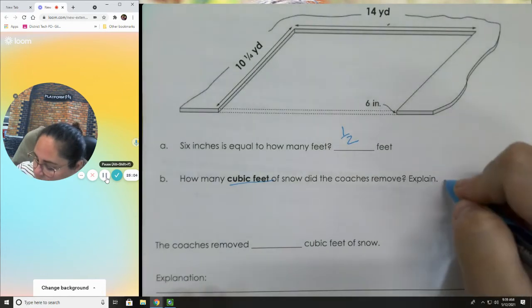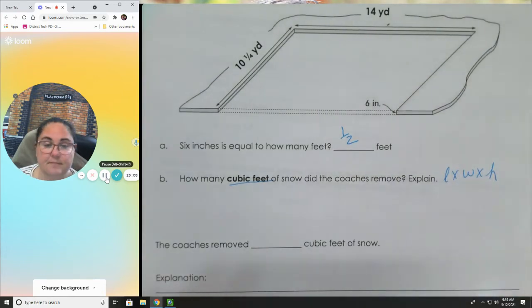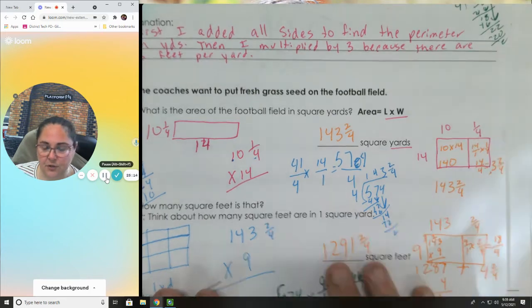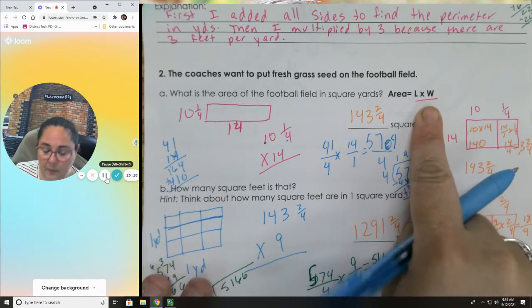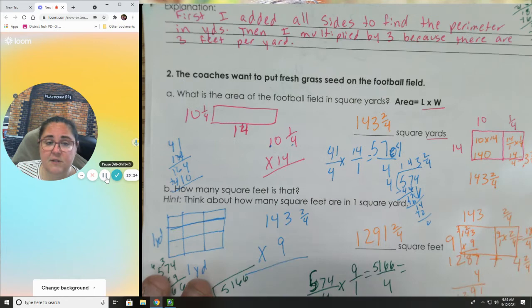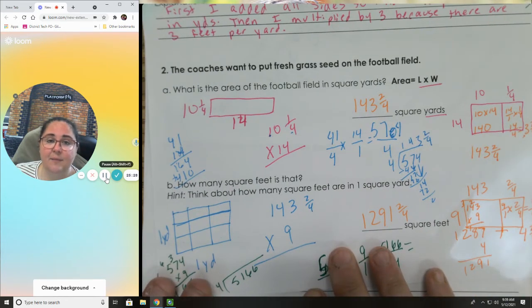And when I find volume, I do length times width times height, right? If you remember number 2, we already did length times width, and we already found it in feet. So I'm going to do the same thing: length times width times height.